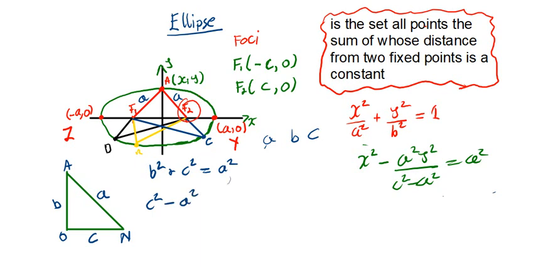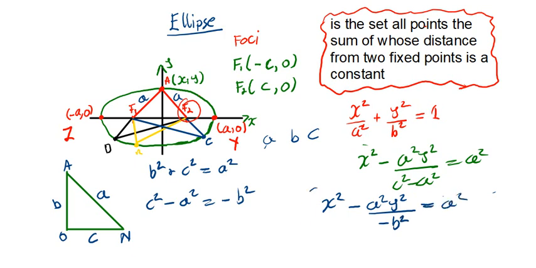I take b squared on the other side to be minus b squared. So here we're going to say this is going to be something like x squared minus a squared by y squared divided by, instead of having this, I'm going to write minus b squared. This will be equals to a squared.